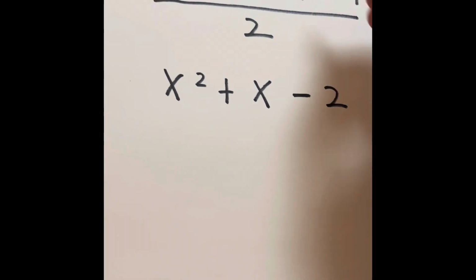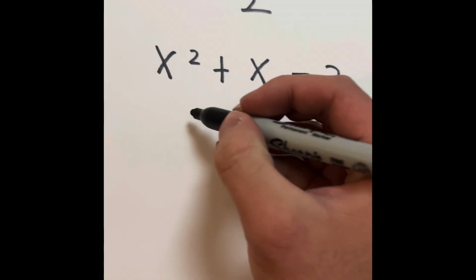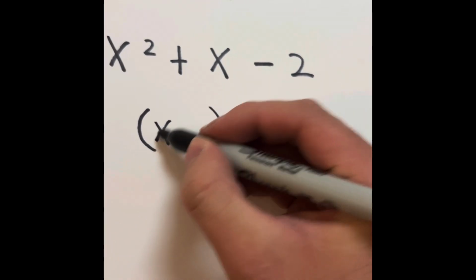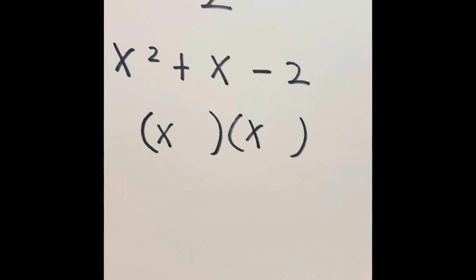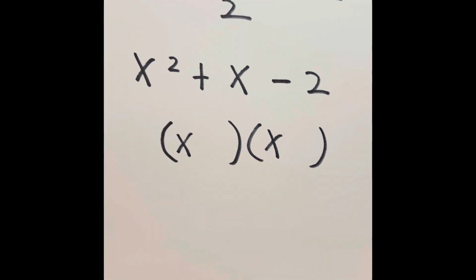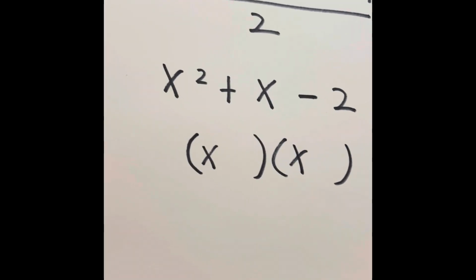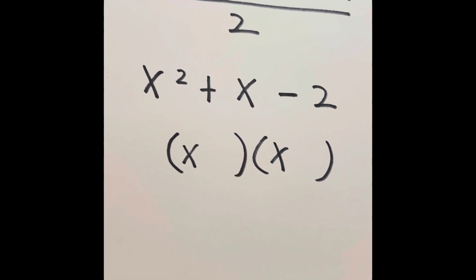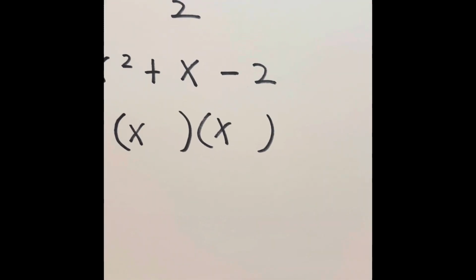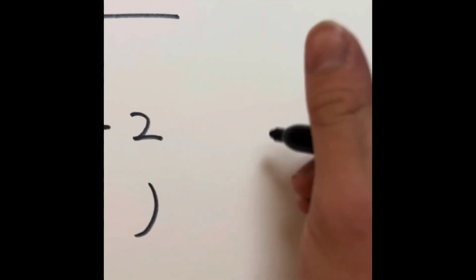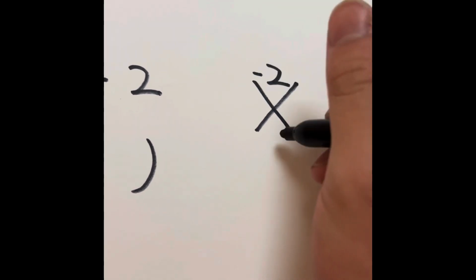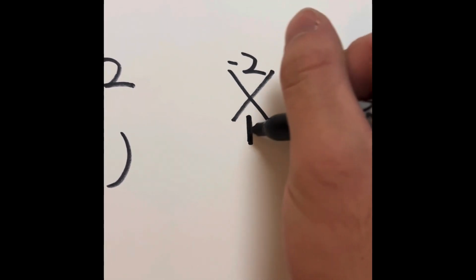After we've simplified, now we can create our two parentheses. We have x times x is x squared. But how are we supposed to do that? Well, what multiplies to negative 2 and what adds to just 1?